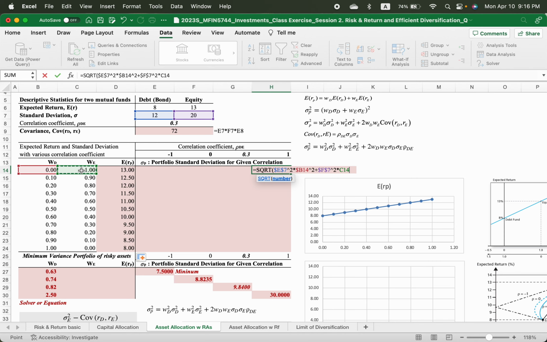I want to fix, in this case, the C column, to the power of 2.